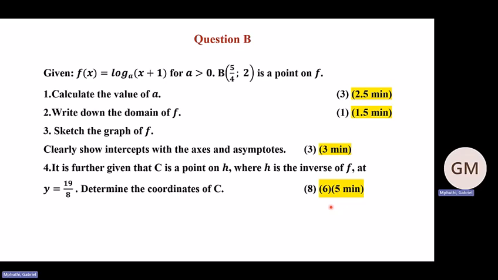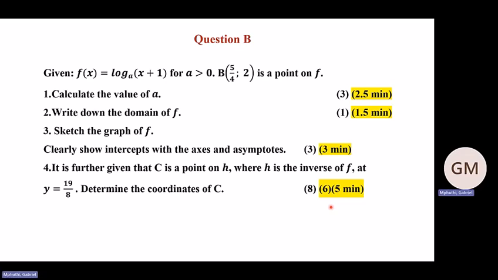Now you are given the function f of x equals the log of x plus 1 to the base a. a must always be positive. Can it be 1? Yes, it can be 1. But it must not be negative. You will understand this when you do exponential and logarithmic laws. For example, you can't raise a negative number to a power.